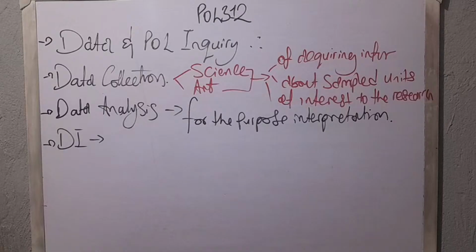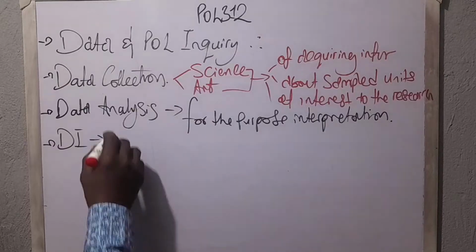Data interpretation is more or less the last step in a research procedure, to finding solutions or the way forward to a problem under investigation. By the time you are able to interpret this data, you've been able to arrive at a reasonable conclusion.